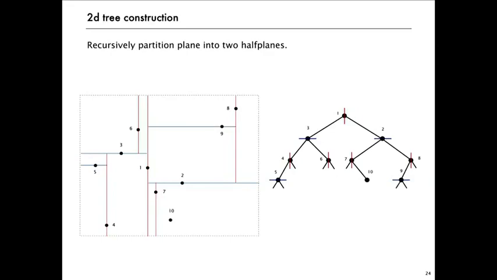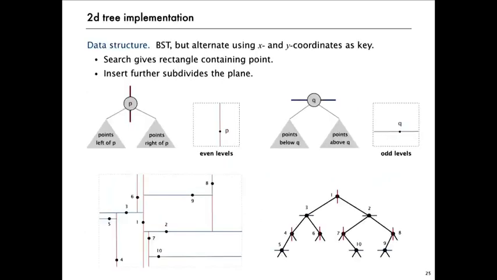The 10th point is to the right of 1, it's below 2, so we go to the left, and it's to the right of 7, so we go to the right. So that's a way to build a binary tree corresponding to a partitioning of the plane.